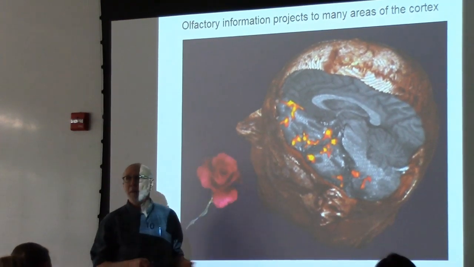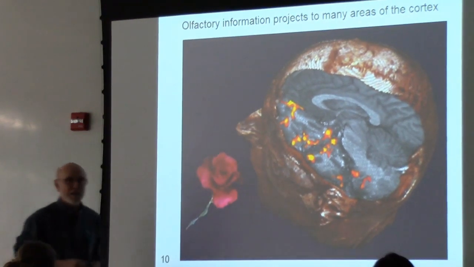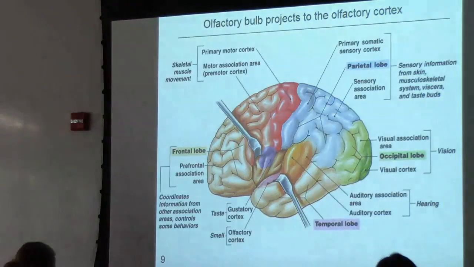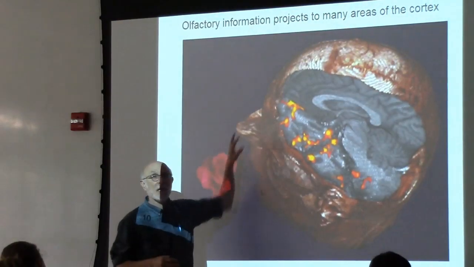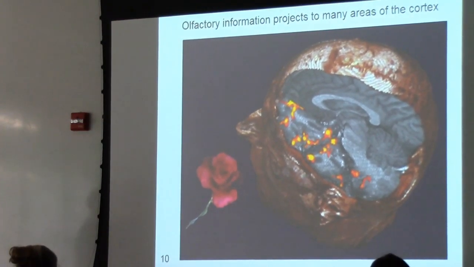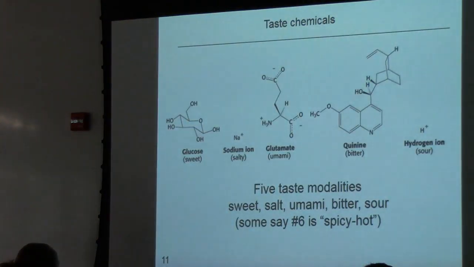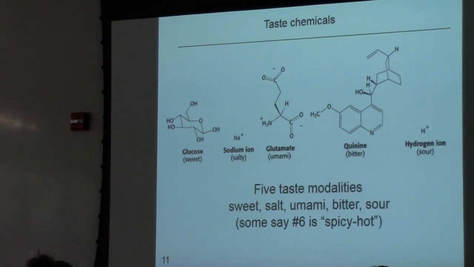This person was in an MRI machine, and they probably smelled some odorant, or just a flower. So even though smell starts in a specific area, it quickly goes into lots of areas of the brain, and some of those are associated with memory, triggering memory. Let's take a short break, and we'll come back and talk about taste.